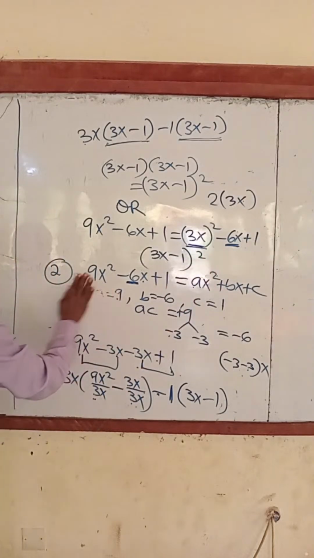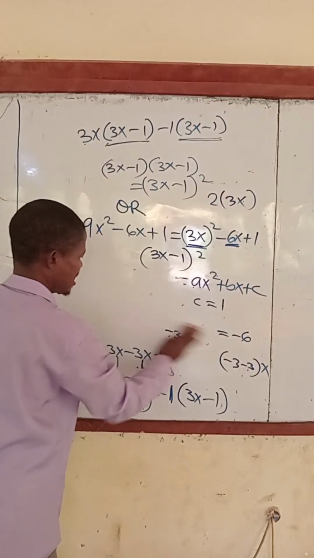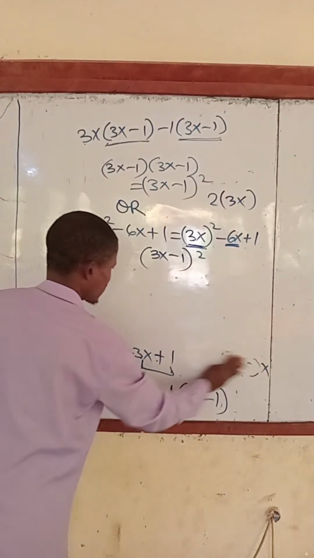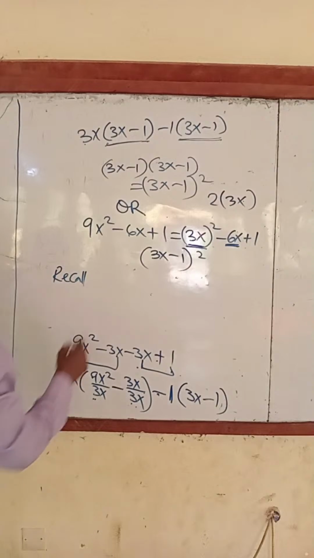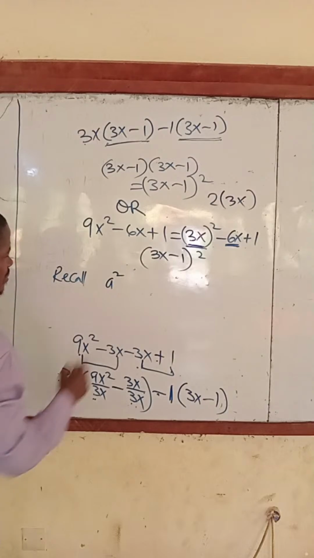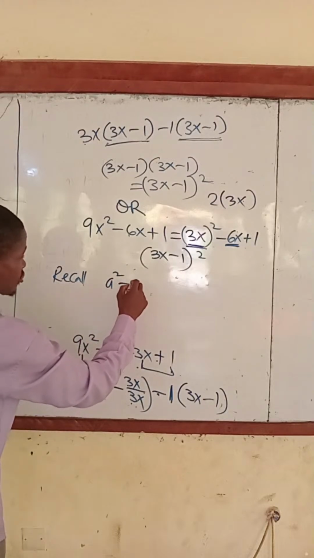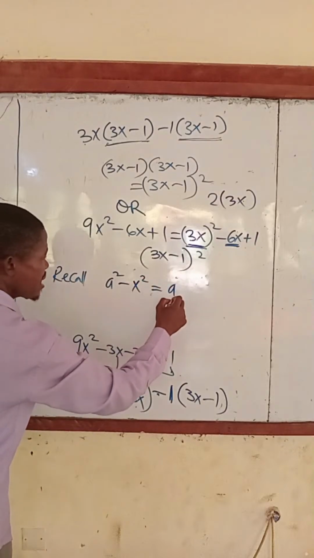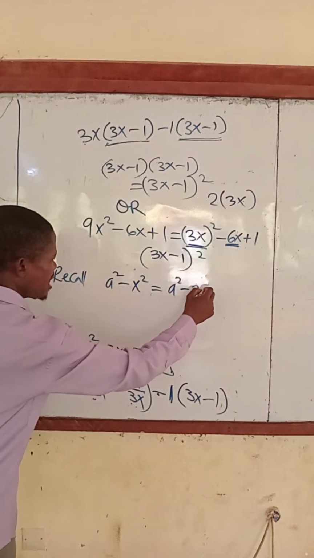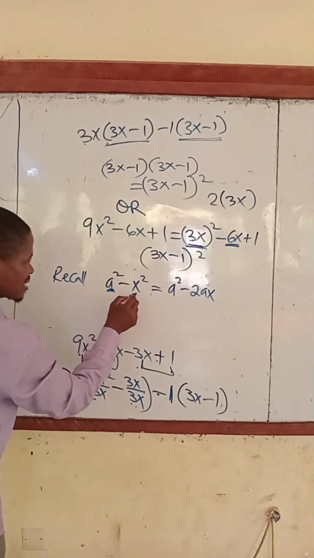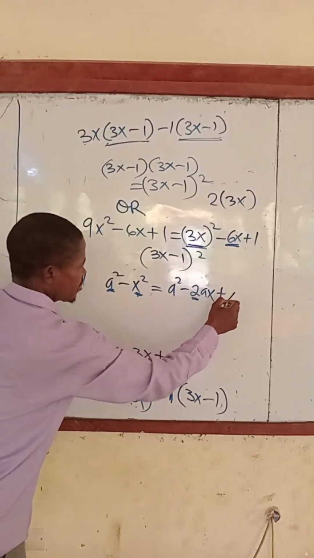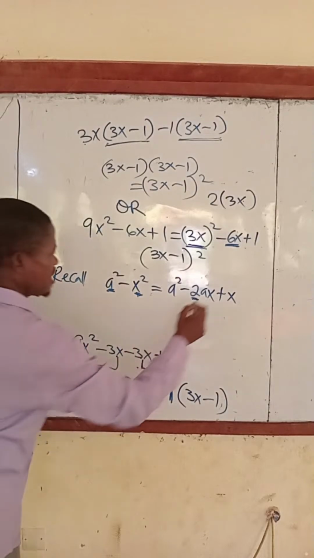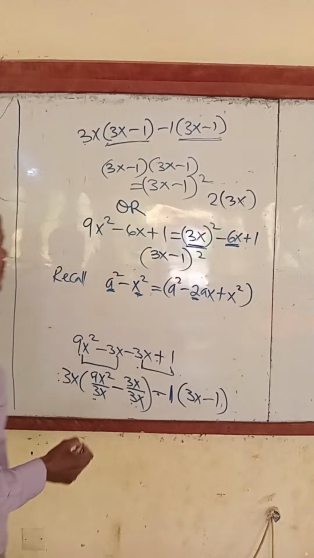I'm going to repeat that again. Recall, we said that a minus x squared will give you a squared minus 2ax, which is one of these times one of these, and then times 2, and then plus the last one, so plus x squared.